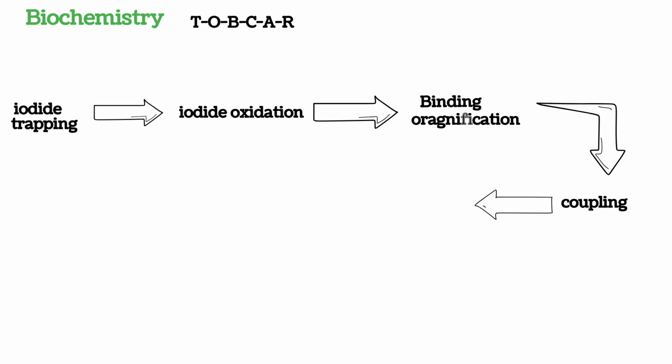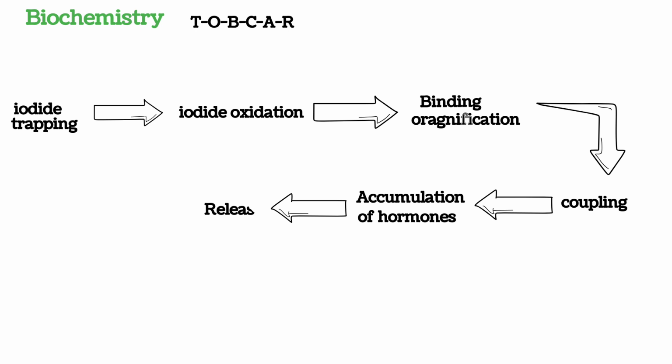Now after binding, it will lead to the formation of MIT and DIT, which after coupling will form T3 and T4. Now T3 and T4 will accumulate in the colloid of the thyroid gland, which is later released into the bloodstream, and transport of the thyroid hormone, which we already discussed, will happen in the blood.